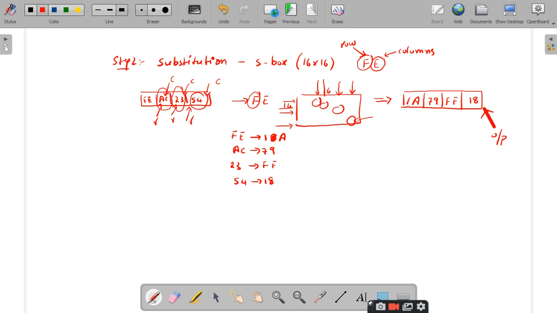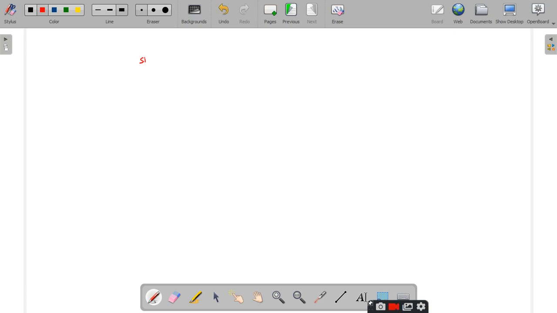Yes, sir. So we'll go for step 3. What is step 3 here? Round constants. We have to find the XOR of the resultant of the second step with the round constant.